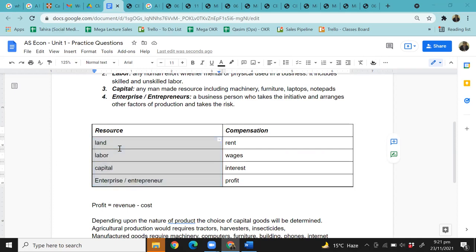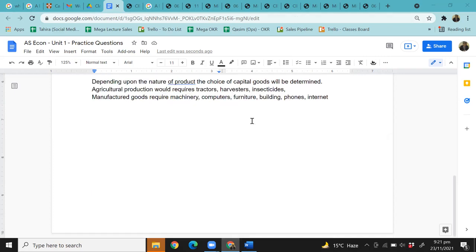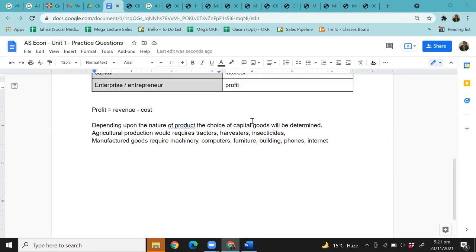Yes or no? Right? So we need all factors of production to produce something. But yes, the mix can vary. Some things are more labor intensive, as I was telling you when we talked about the types of economic systems, and some processes use more capital, right?